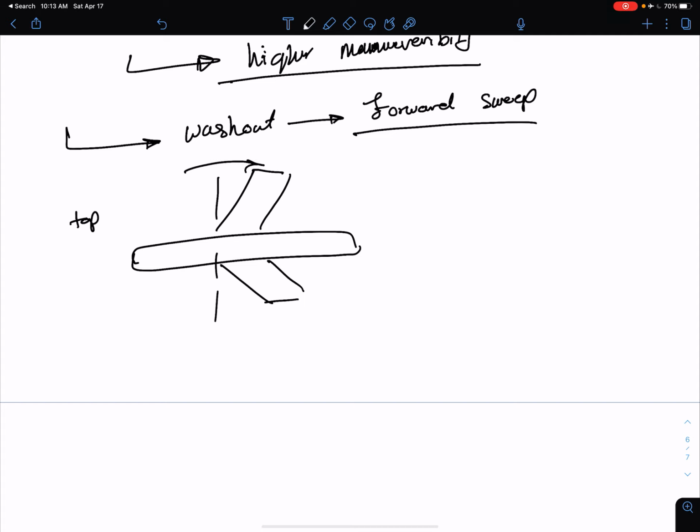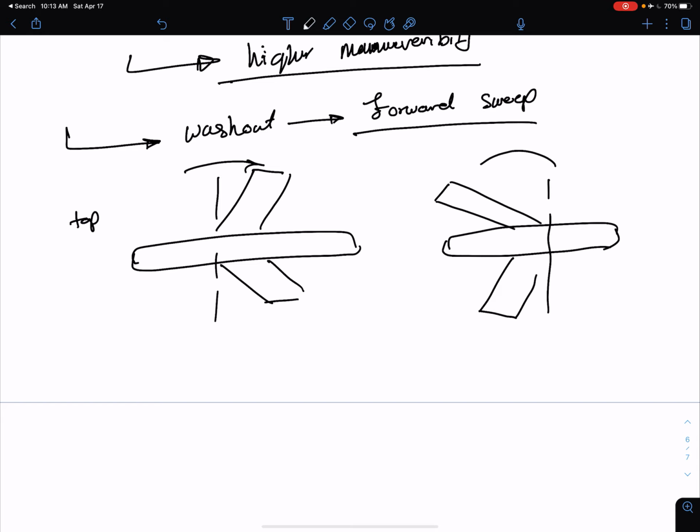Your wings are swept towards the back of the plane. But there are some very special cases in which you are going to have forward sweep. Your wings are going to be swept forward towards the nose of the aircraft.